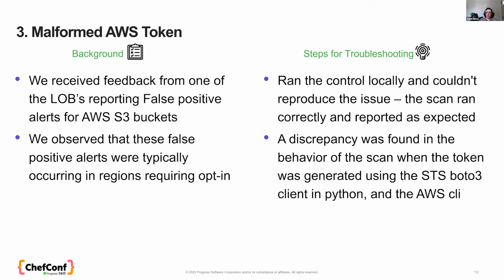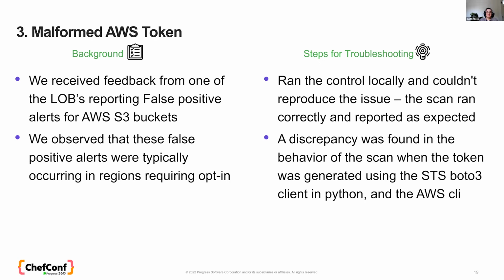So Rohit and I were working on this together. I was unable to reproduce it locally, and then he informed me that he was able to reproduce it locally. So we went through this whole long process of trying to understand what's different about our environments. How do we have two different results running the same exact control, same exact version of everything?